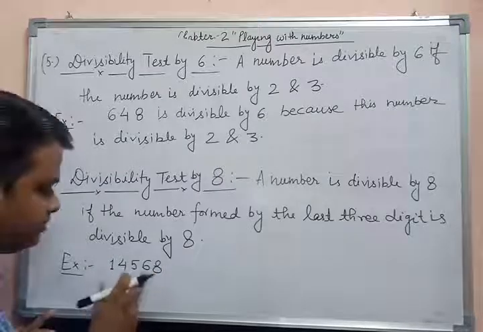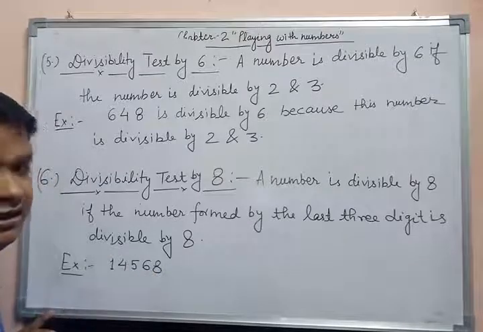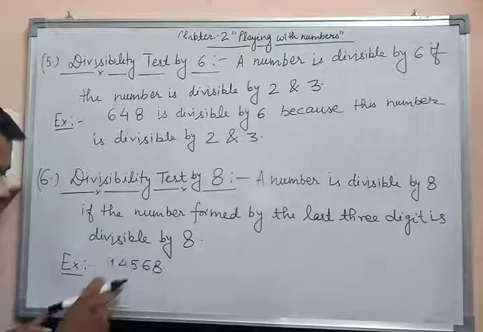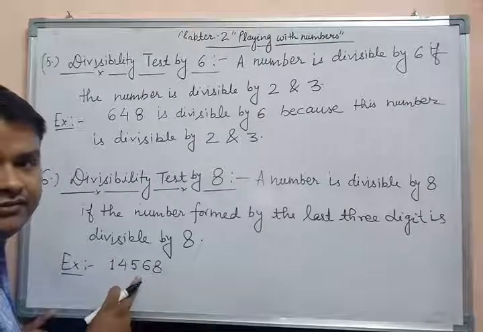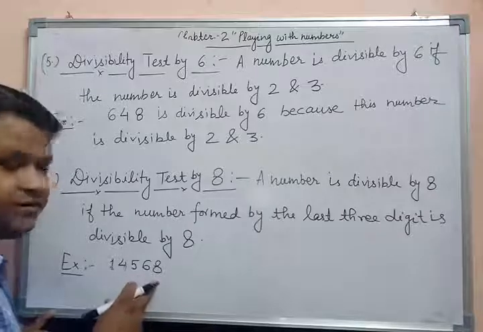It means the last 3 digits will be divisible by 8 because 8 times 7 is 56 and 8 times 1 is 8.